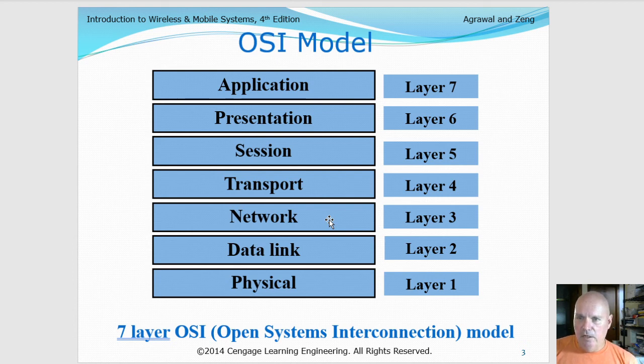The session layer has some error control built into it and compression. The presentation layer deals with how data is formatted, and then finally the application layer is the highest layer, with the highest level protocols, and that's how things like mail or web services work.